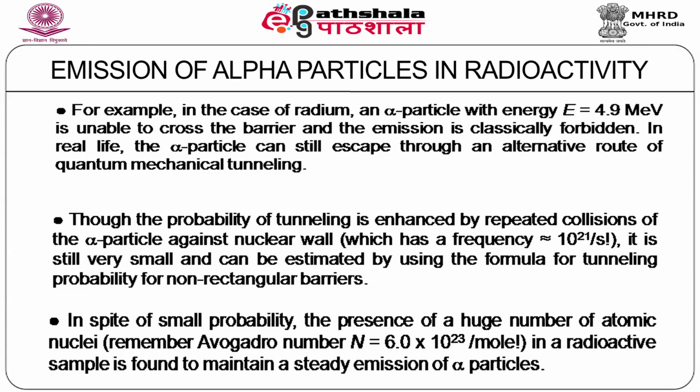Because there is a very large number of atoms present in the radioactive source, and this number is of the order of Avogadro number, which is 6 times 10 to the power 23 per mole. So you have billions of atoms present in the sample, and so in spite of the small tunneling probability, a steady emission of alpha particles is maintained by the radioactive sample.